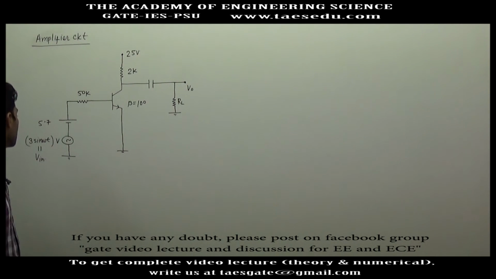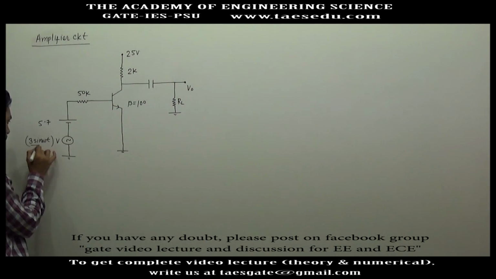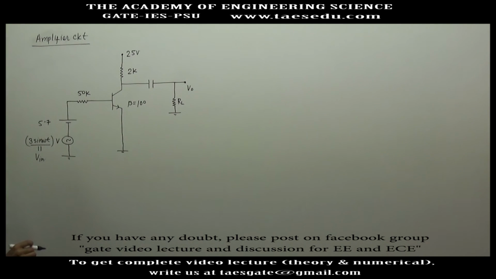Let's say in this example we have 3 sin omega t, an AC signal, as the input. Although in this example this input is very high, in an actual amplifier circuit the AC signal is of millivolt order, but here the purpose is different.